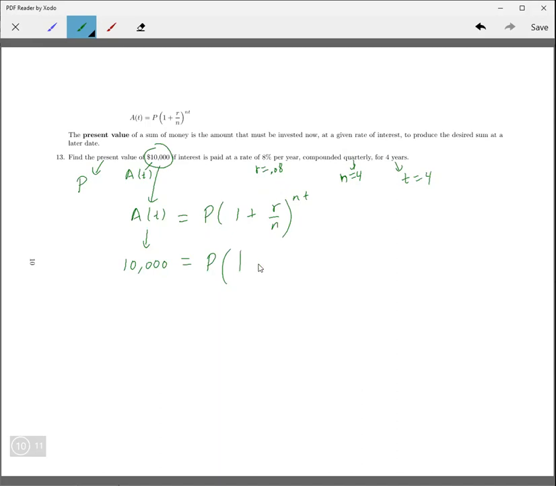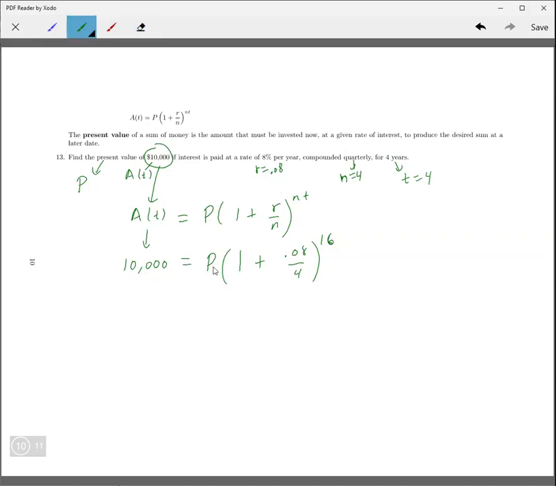Okay, so we have 1 plus 0.08 over 4 to the 16. So N times T, that's 4 times 4, so that's 16. We plugged everything in. We plugged in R, which gives you 0.08. We plug in a 4 for N, that's not 0.4, it's 4. I don't know where that point came from.